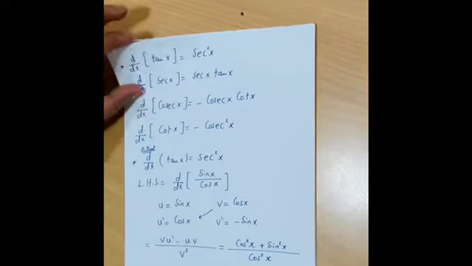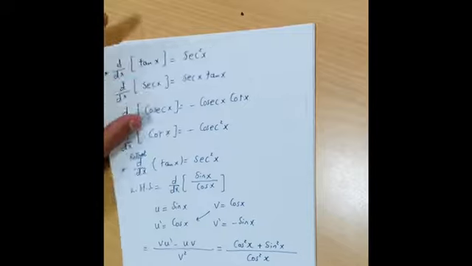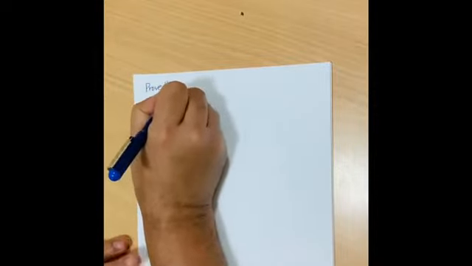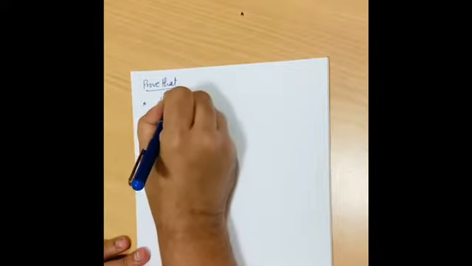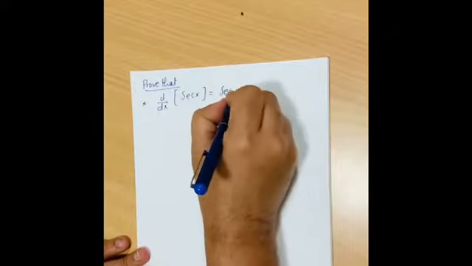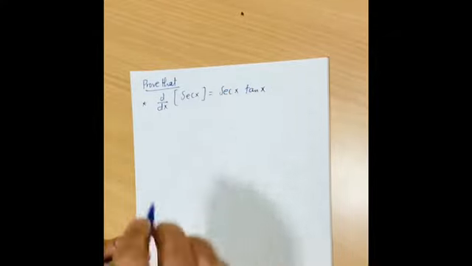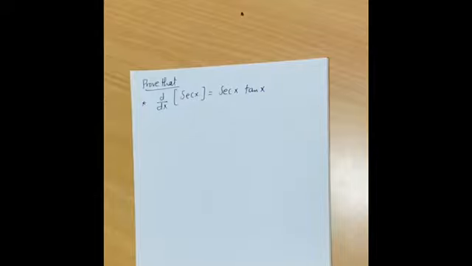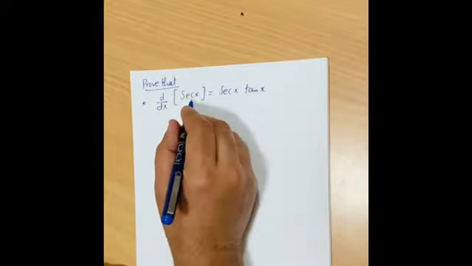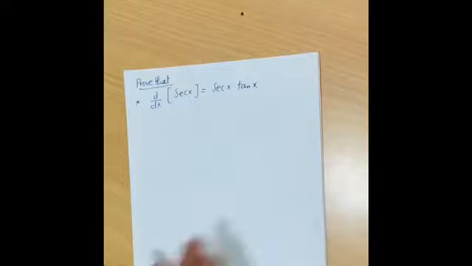Now let's do sec as well. Prove that d by dx of sec x is equal to sec x tan x. Differentiation of sec is sec x tan x, and we know that sec is the reciprocal of cosine.